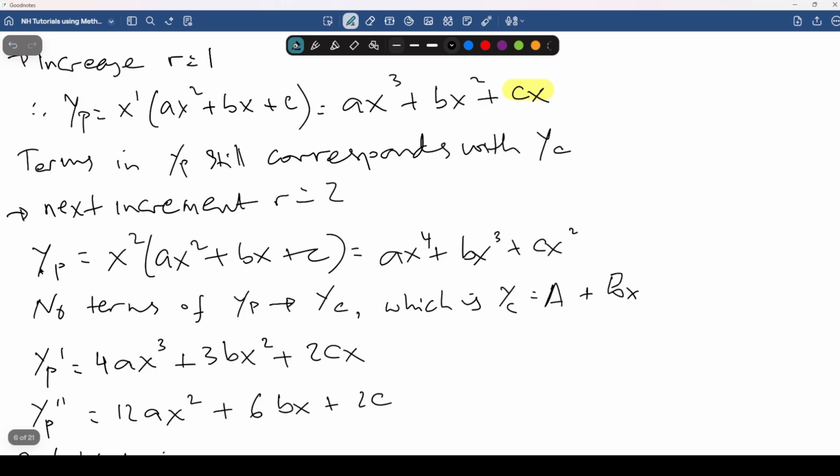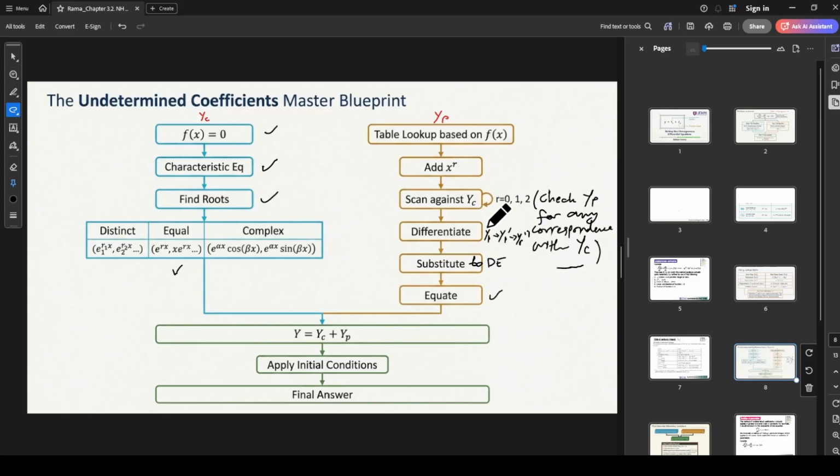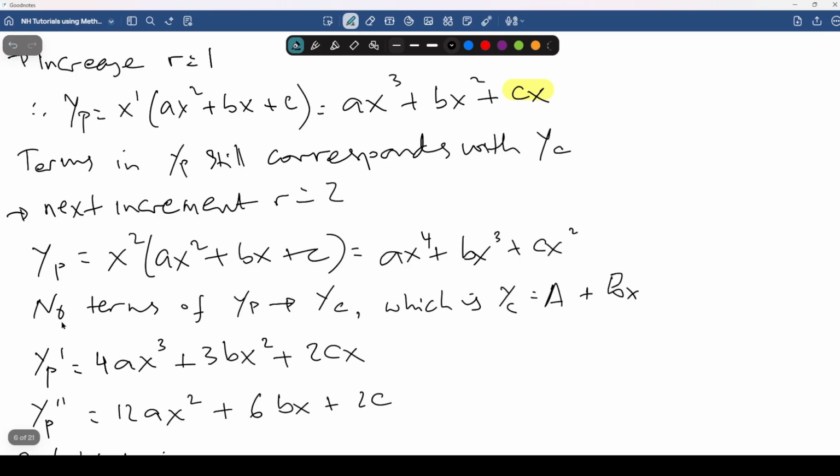The next step is to take the derivative. Once we have our yp, the next step is to differentiate our yp to become yp prime. So our yp is that one, and we can highlight it.